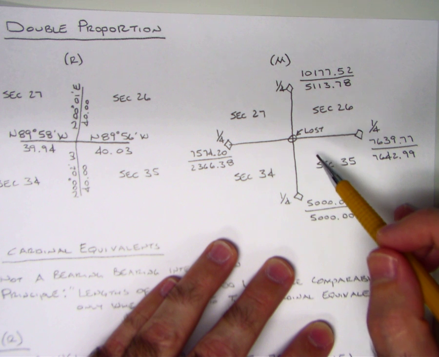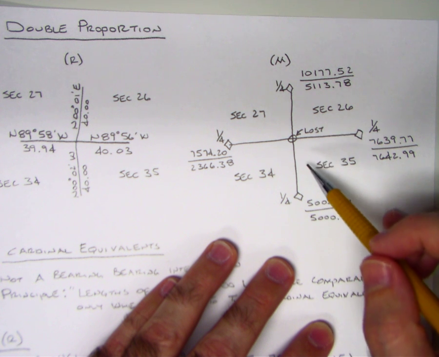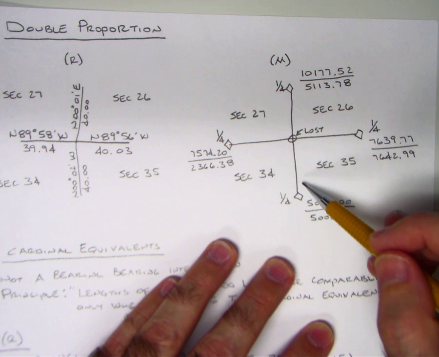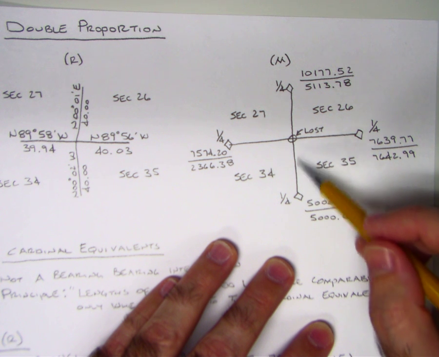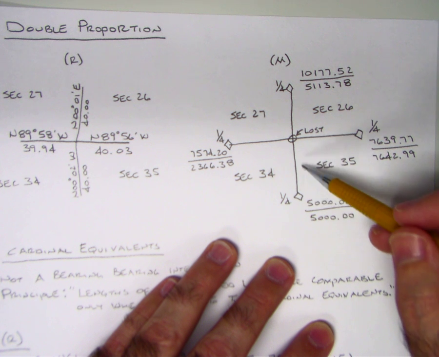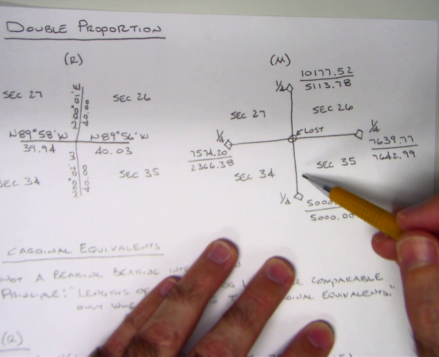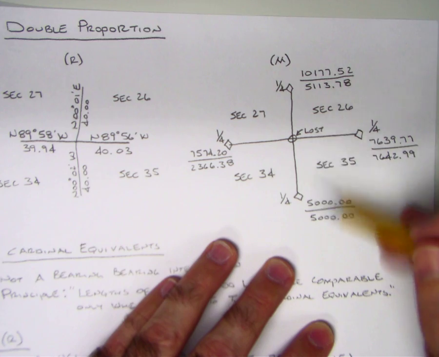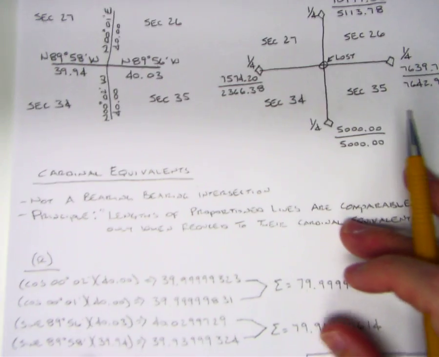If you do, you're mixing apples and oranges and you're going to put the corner in the wrong place. So you need to make sure that on your grid distances you use the combined scale factor to get the grid distances to ground distances. And for the grid azimuth, you need to use the convergence angle and the Laplace correction to get it from grid to geodetic and geodetic to astronomic, and then you're apples and apples at that point.